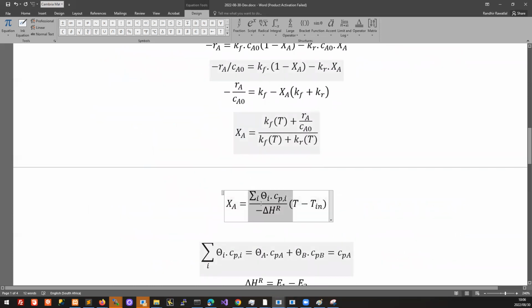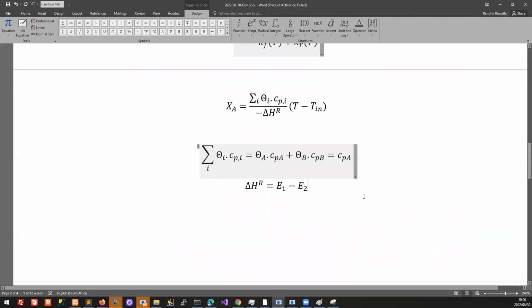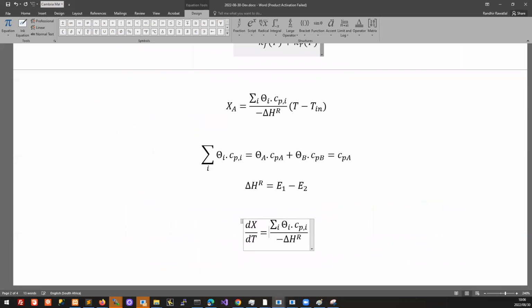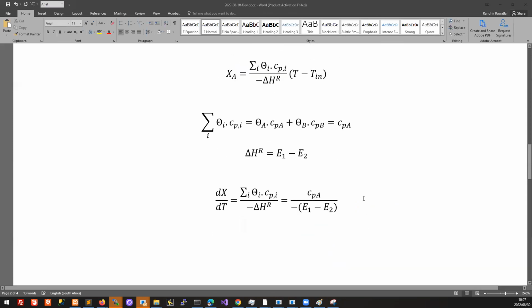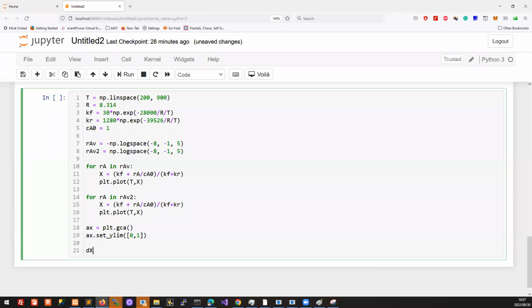So I'm going to say it more easily as dx dt equals, and it turns out it's as easy as CPA divided by minus E1 minus E2. Right, so let's add that to our calculation list. So in here, we're going to say dx dt equals CPA divided by minus E1 minus E2.